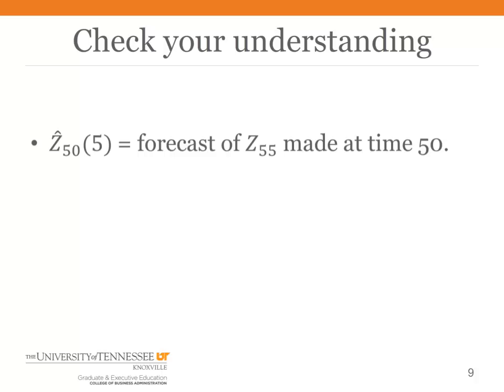Normally that means the end of period 50, after we have observed the demand for period 50. And the 5 in parentheses says we're forecasting 5 periods into the future. So that expression denotes the forecast of Z55, or the demand, this is a demand time series, that we made at the end of week 50.